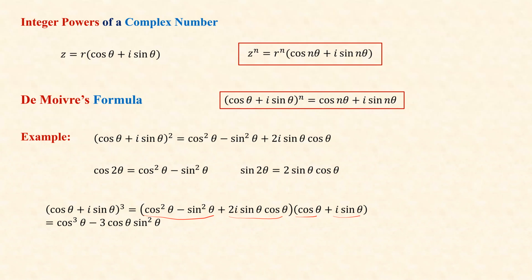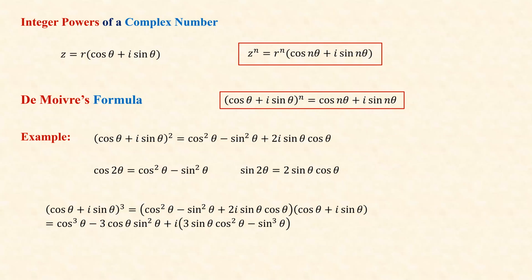And then the imaginary part you can calculate and get 3 sine theta cosine squared theta minus sine cubed theta.